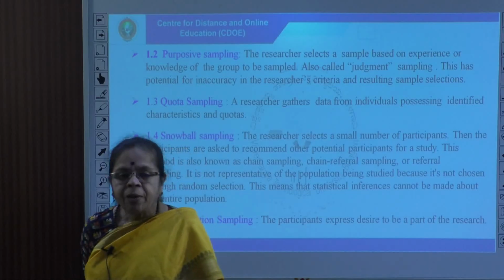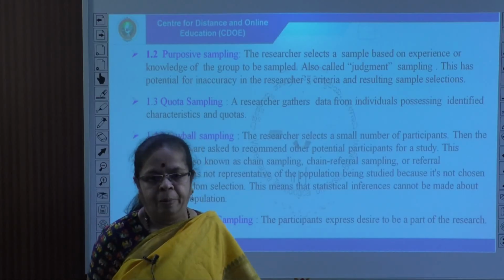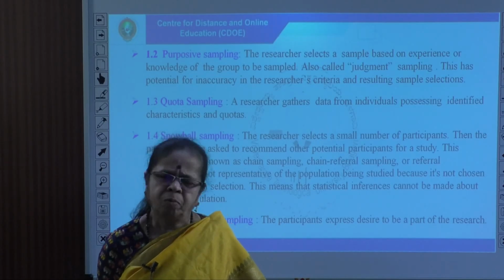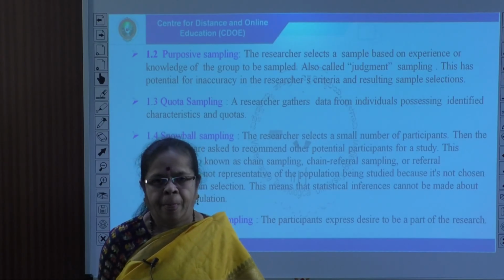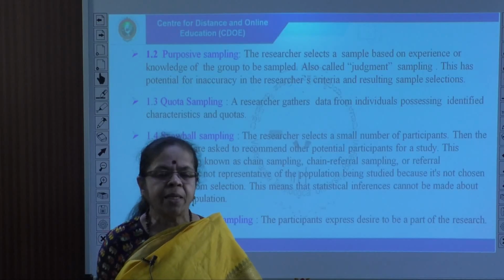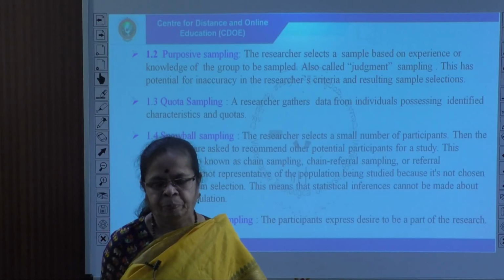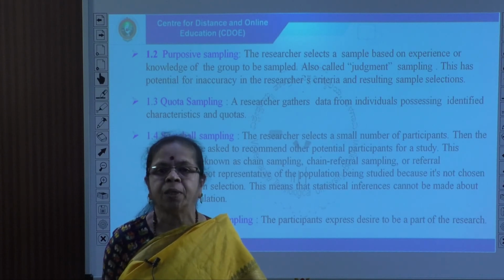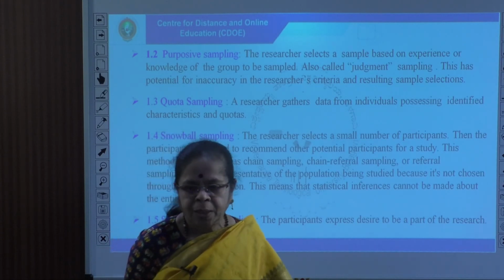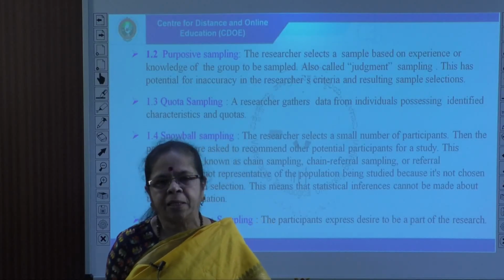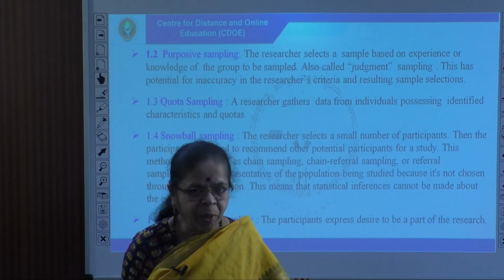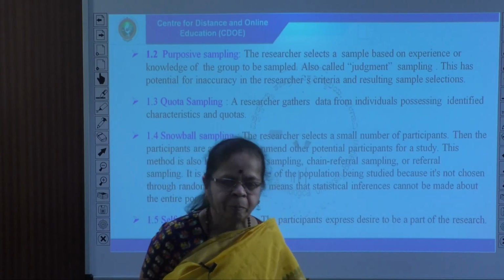So, if I want to study a group of women, I just want to see the exercising habits of women, let us say, in the age group of 20 to 30. I want to do some study on the exercising habits of women in the age group of 20 to 30. Excuse me, I keep saying women because I am a woman.